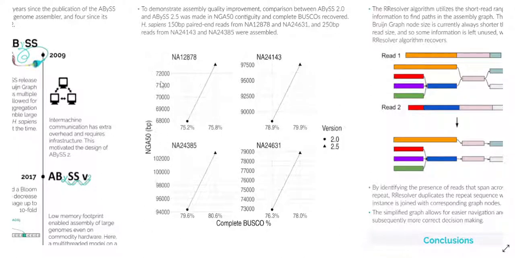And on the y-axis, you have contiguity in NGA50, and on the x-axis, percentage of complete BUSCO genes recovered. And these are both metrics for evaluating assembly quality. And you can see that in each of the data sets, assembly quality improves. So the circle is the 2.0 version and the triangle would be the 2.5. And you can see that on both metrics, ABySS 2.5 improves the assembly.